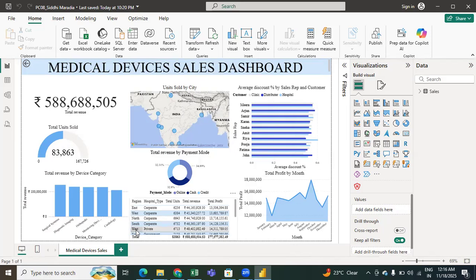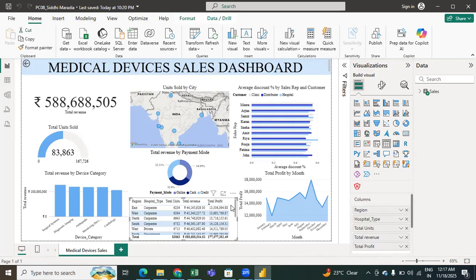So region-wise, in each hospital type, we can see the total units sold, the total revenue generated, and the total profit. The drill down analysis helps when planning the regional strategies.